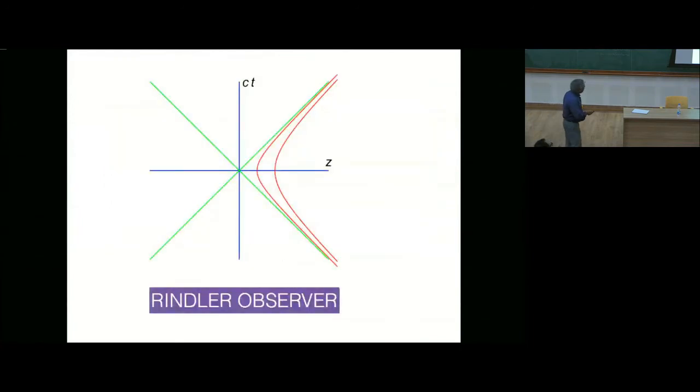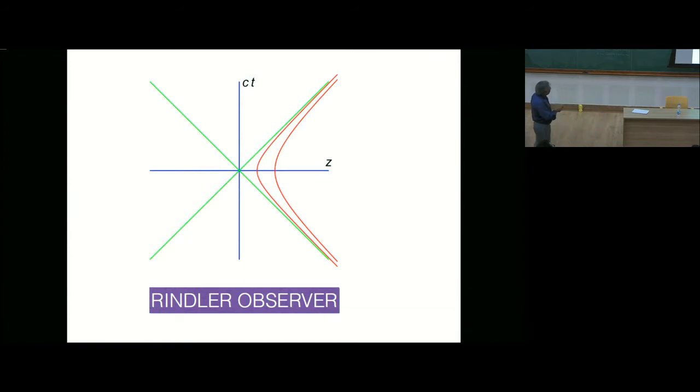So this is a picture of a Rindler Observer. This is Minkowski space, and I've kept all the c's and h bars and all that most of the time. This is ct, and this is z. And these are the light cones. And the red lines show the motion of Rindler observers who are uniformly accelerating.